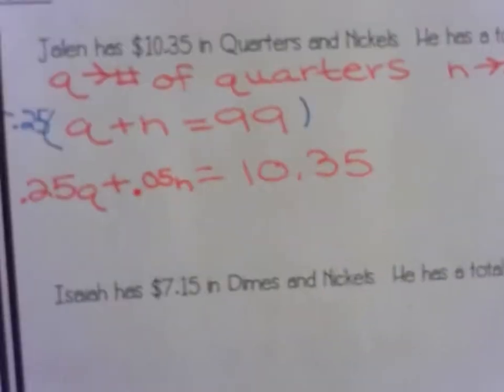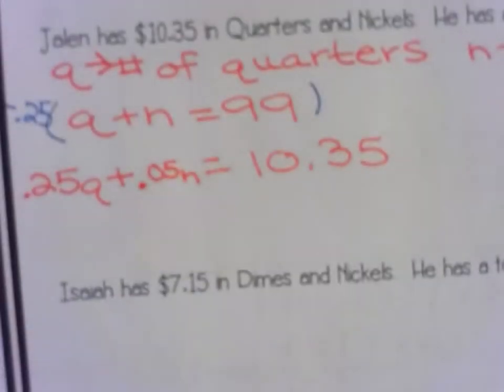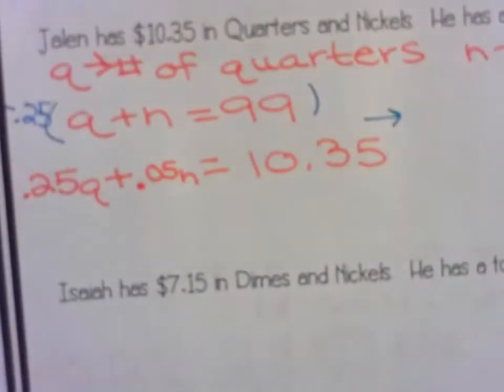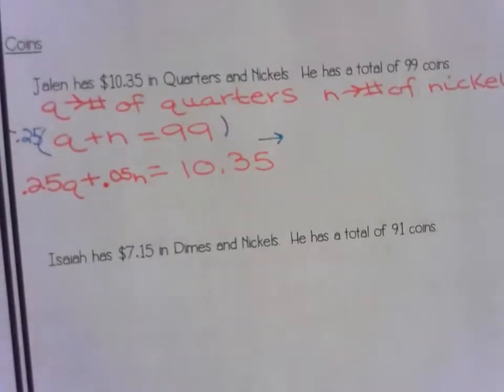Now, it's the same thing we're doing. Get over the fact that we're working with decimals. Use a calculator if it confuses you. I need to get a negative 0.25q on top, so that cancels out with a positive 0.25q. You could also have multiplied by a negative 0.05 and cancelled out the n's. Either way is fine. So we take negative 0.25 and multiply it through my top equation. What will my top equation look like?